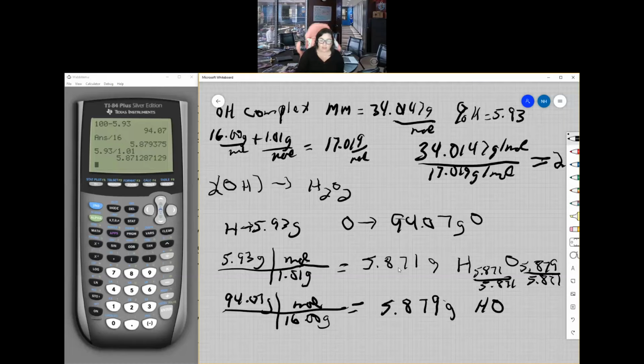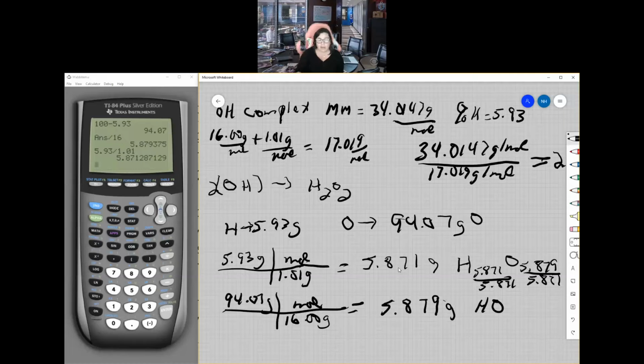The thing is, you can still get there by using all the information that they've given you. If you don't know what that OH complex is, and you know what to do with the 5.93%, then you can still get to where you had to go. You can find that it's the empirical formula.